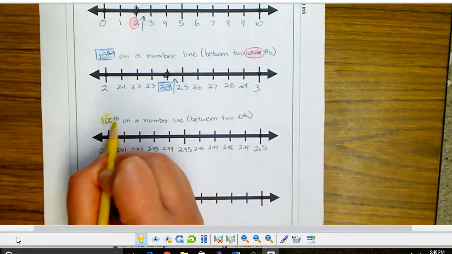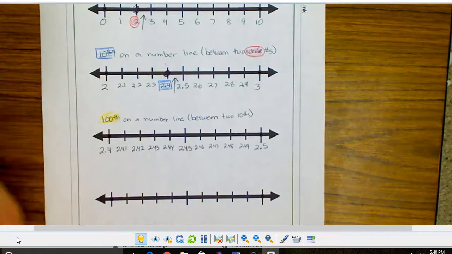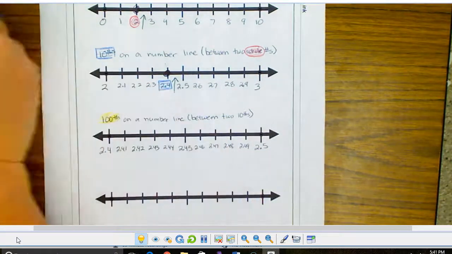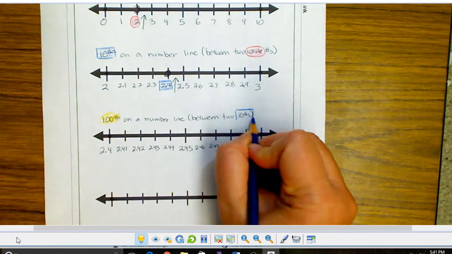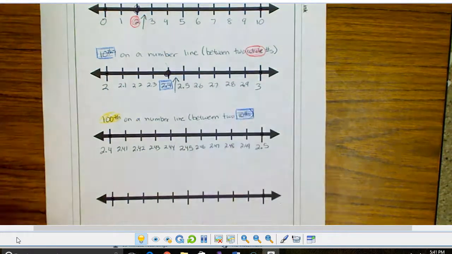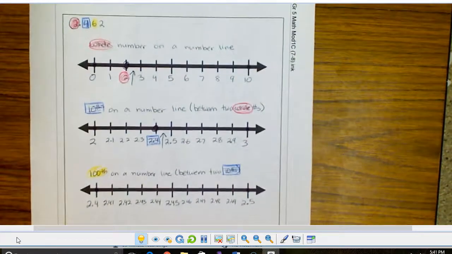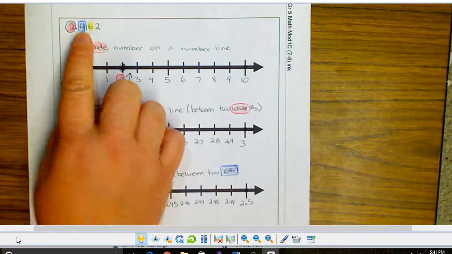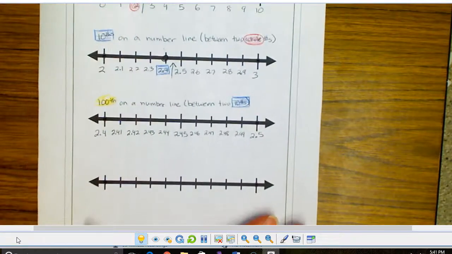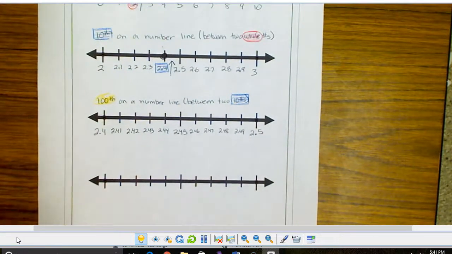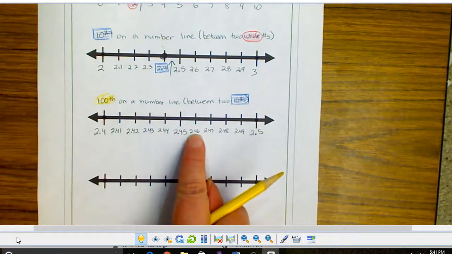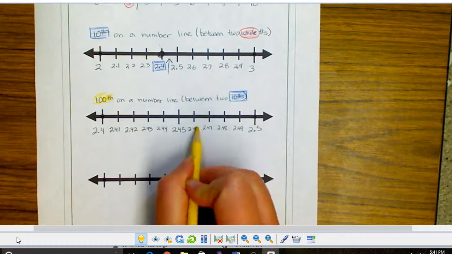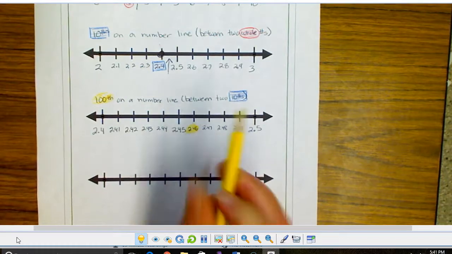Okay, let's go back and catch up with our color coding here. All right, so we're trying to place 2 and 46 hundredths. Do we have 2 and 46 hundredths on our number line? We sure do. It's right here, right? 2 and 46 hundredths.